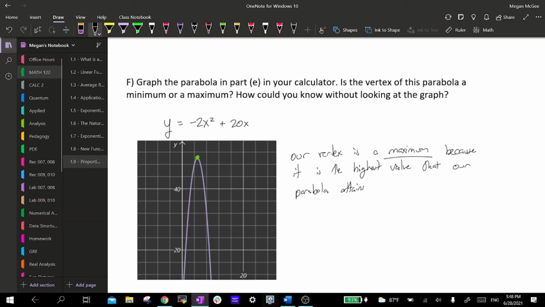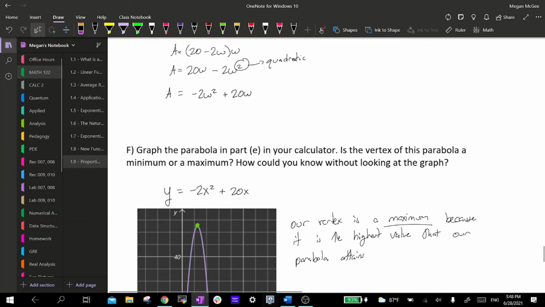All right, the last part of this question asks, how could you know without looking at the graph? So, if we just looked at our equation, A is equal to negative 2w squared plus 20w, how would we know if the vertex was a max or a min?